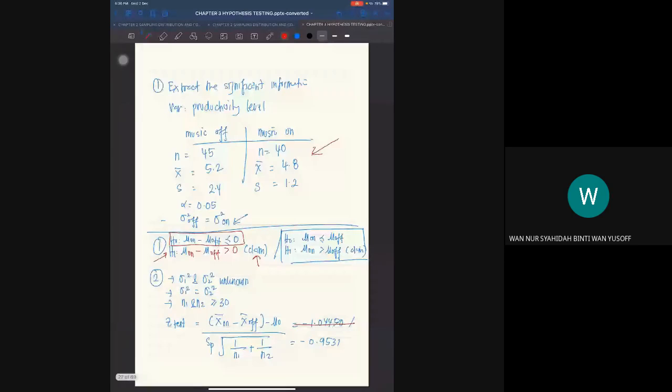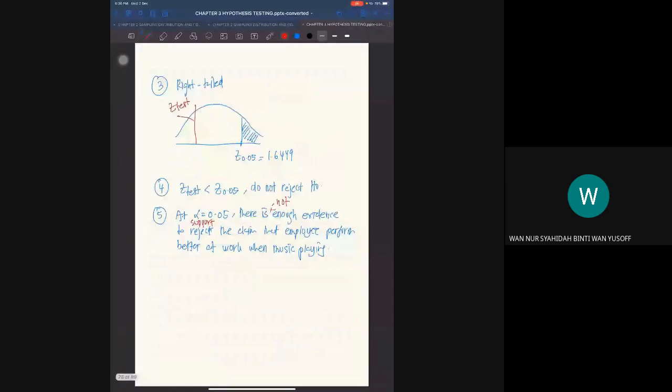It is not true. At alpha 0.05, it is not true that employees perform better at work when the music is playing.